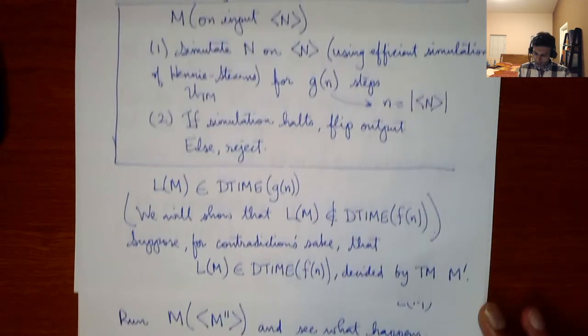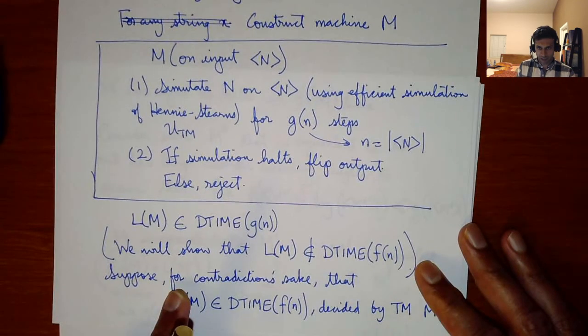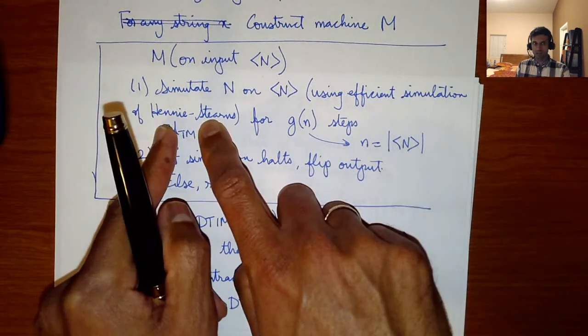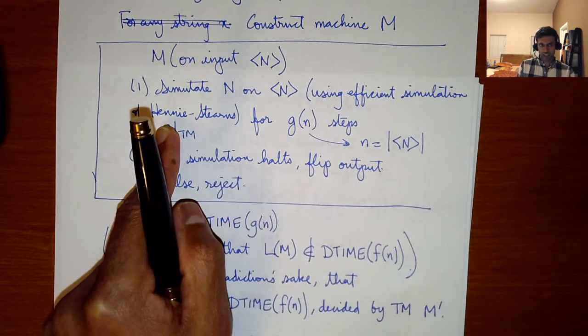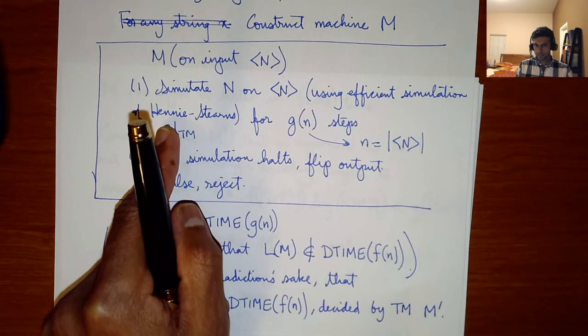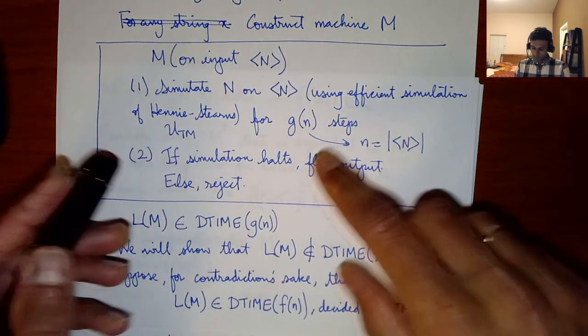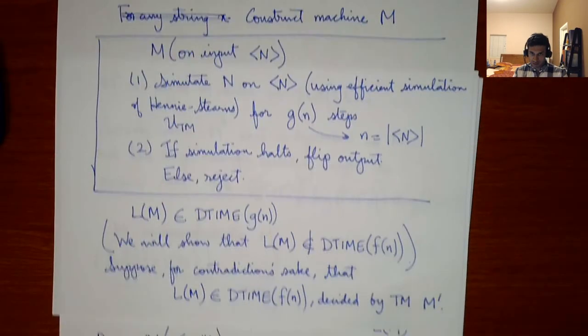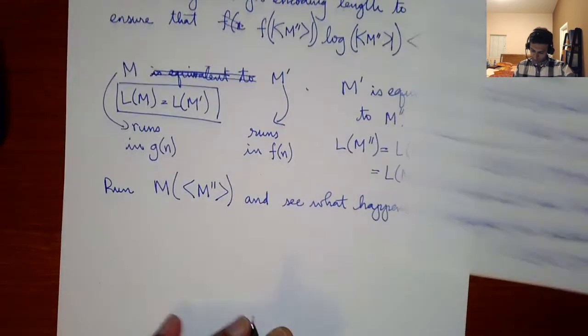I should be clear, maybe this is something I didn't say: the Hennie and Stearns simulation does a simulation with an extra log factor, if you recall. So let's break this down.